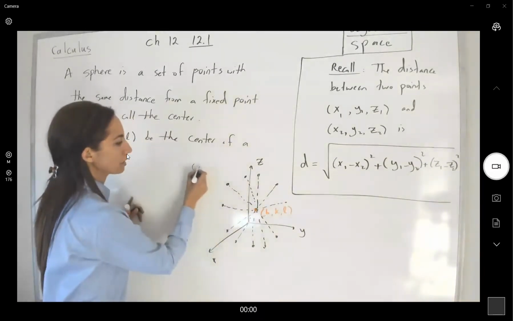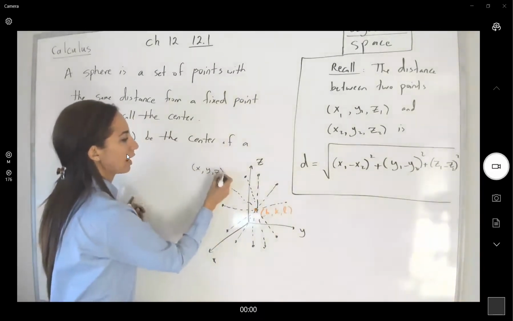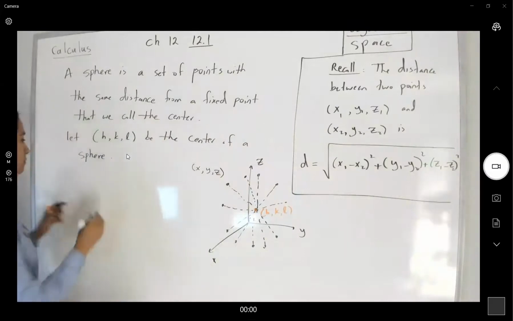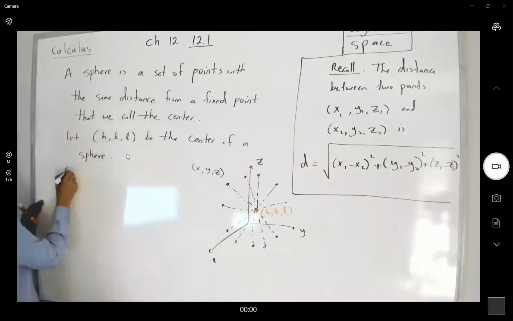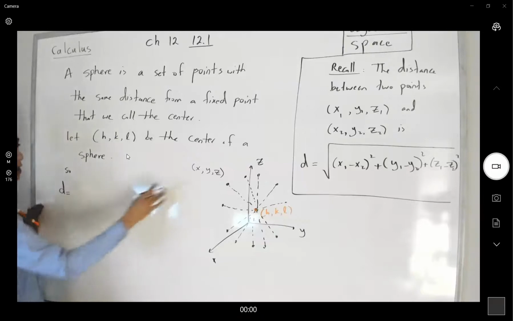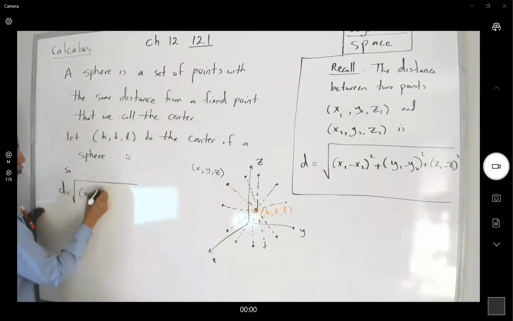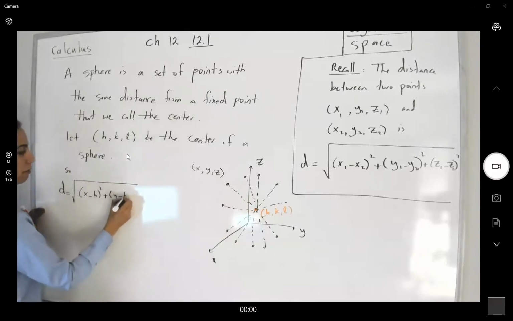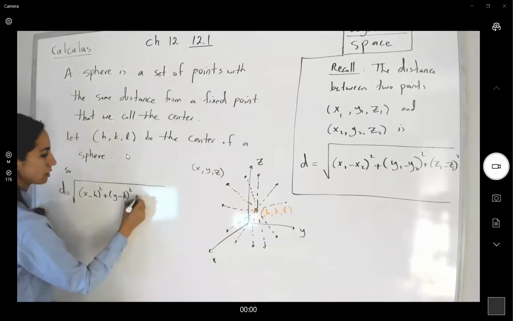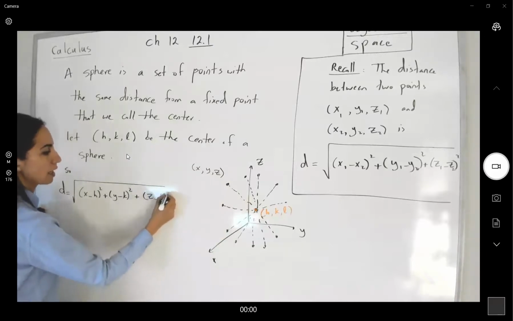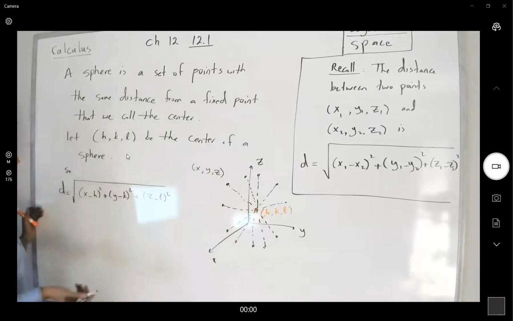This point has x coordinate, y coordinate, and z coordinate. So the distance between this point and the center is equal to the square root of x minus h squared plus y minus k squared plus z minus l squared. So what's the meaning of that?